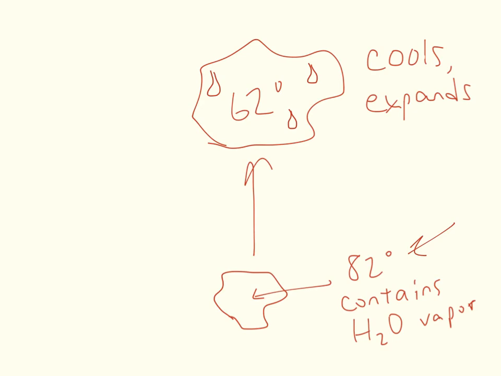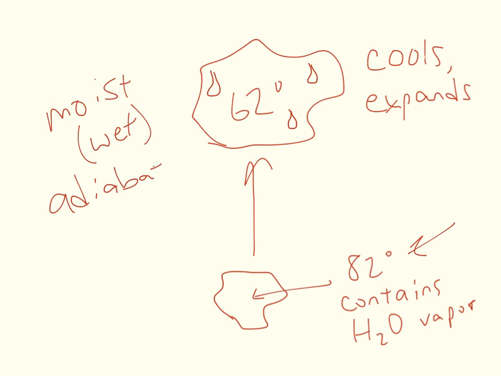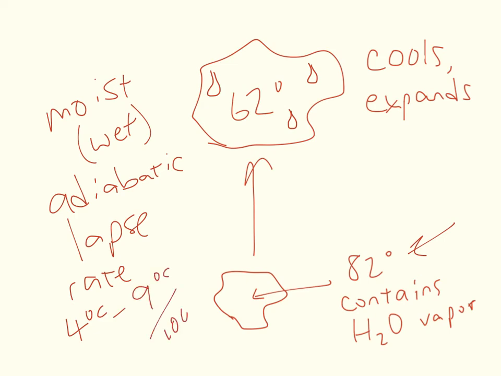So when you start getting those droplets of water, you get something known as the moist, or sometimes referred to as wet, adiabatic lapse rate. And that can vary. That can be anywhere between 4 degrees Celsius to 9 degrees Celsius per 1,000 meters.